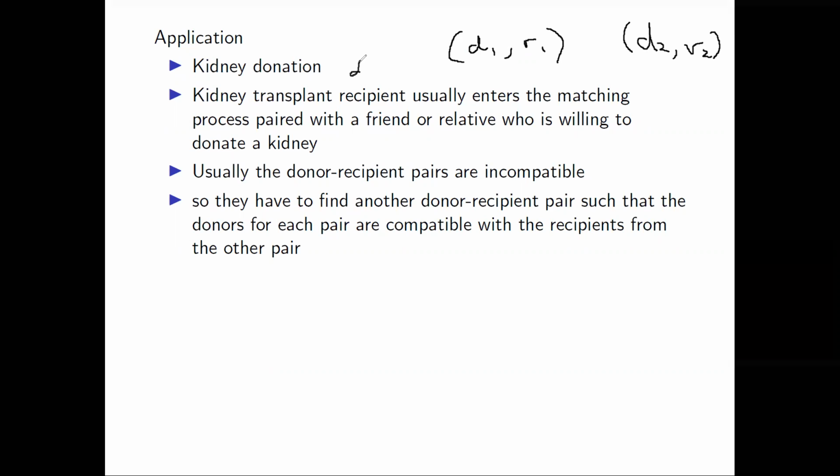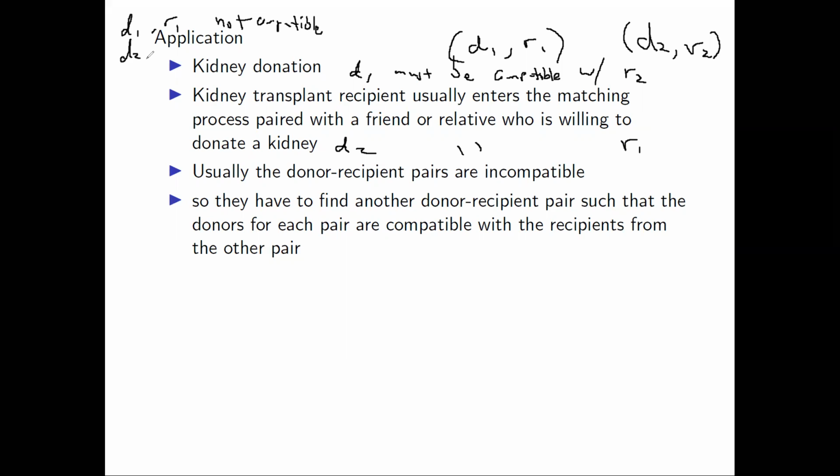And donor 1 must be compatible with the other recipient. And donor 2 must be compatible with recipient 1. So donor 1 is not compatible with recipient 1. So D1, R1, not compatible.